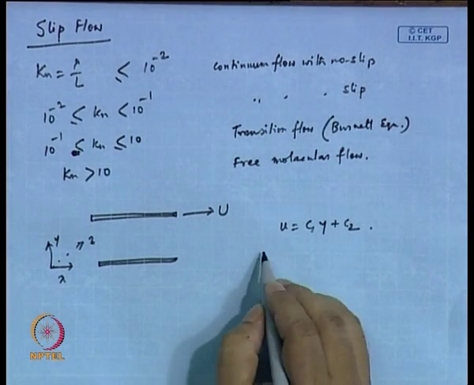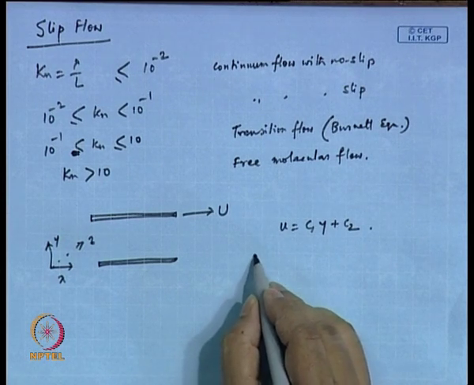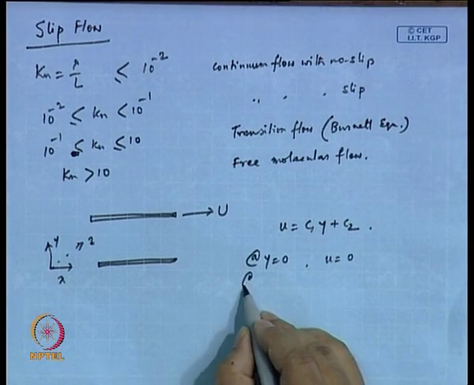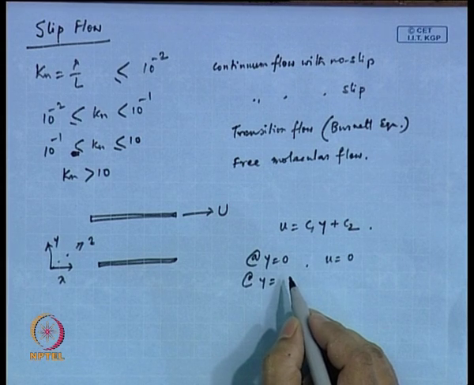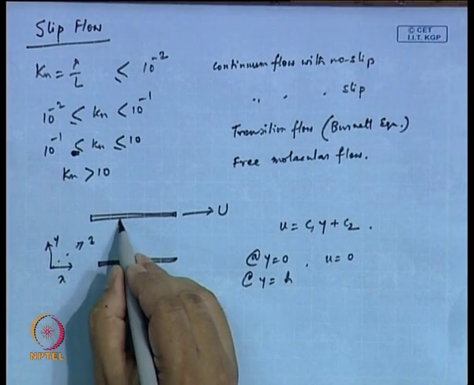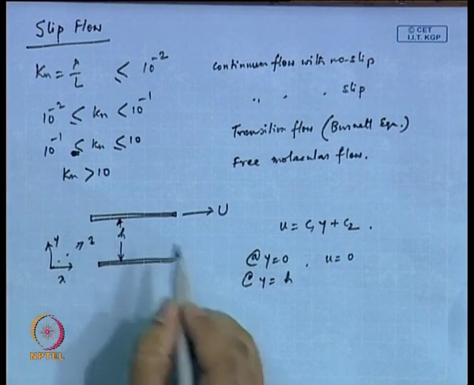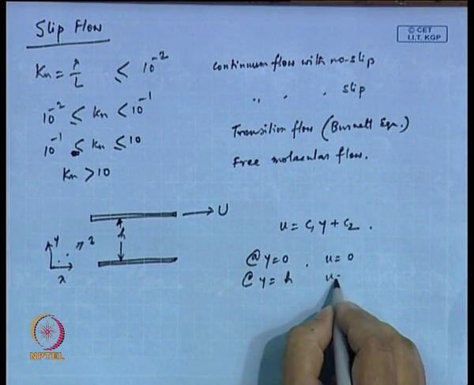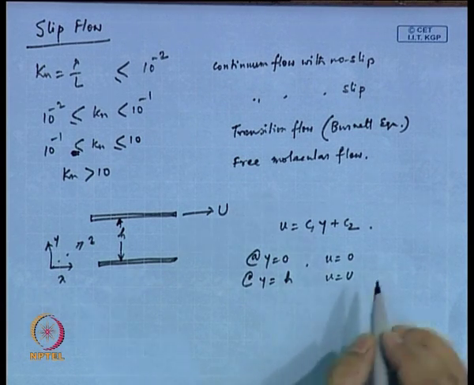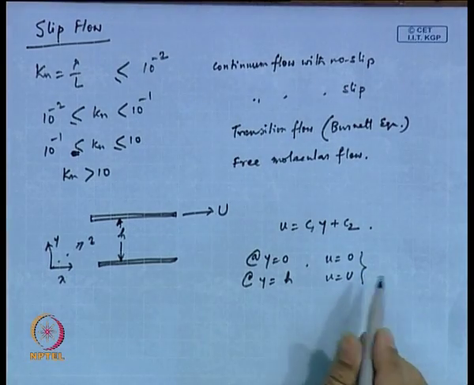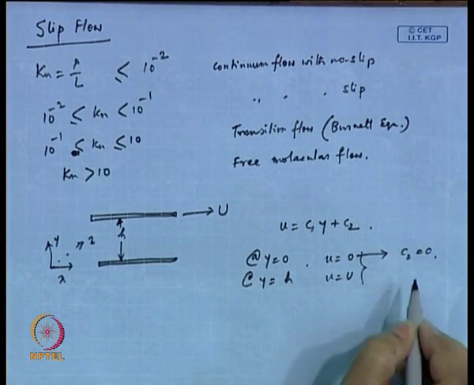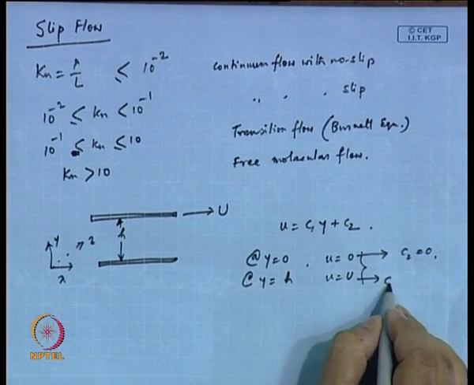For the no slip boundary condition, at y is equal to 0, u is equal to 0, and at y is equal to h, as we called it last time, u is equal to capital U. From the first boundary condition, immediately we have C2 is equal to 0, and from the second boundary condition we get a value of C1.